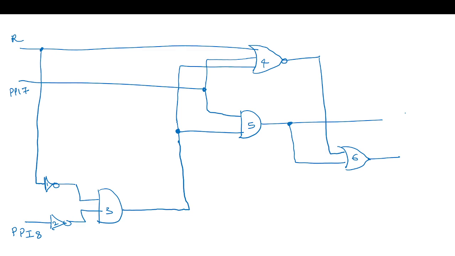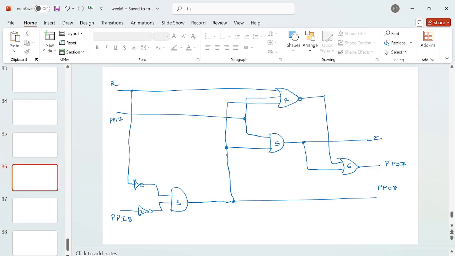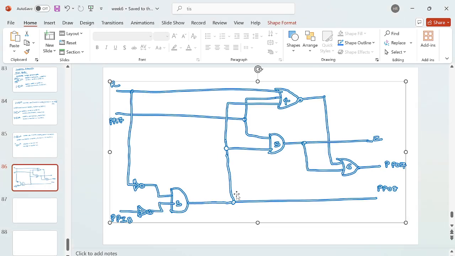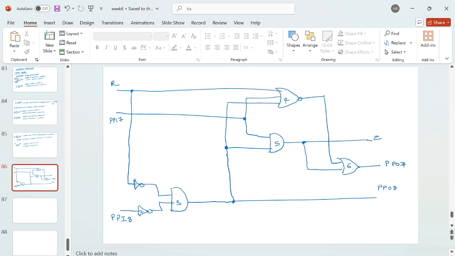And this is Z, and this is some pseudo primary output. So let's just copy this circuit.